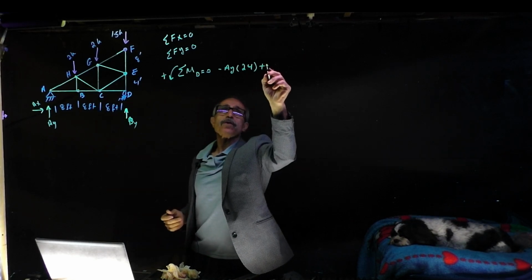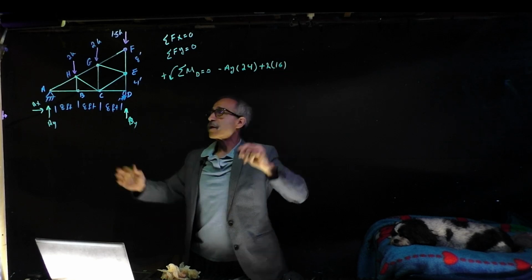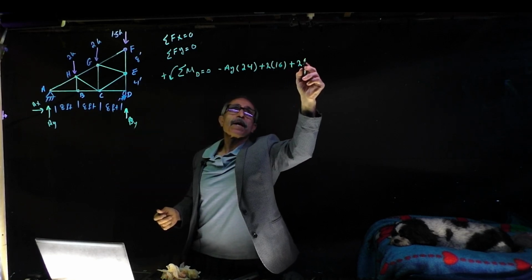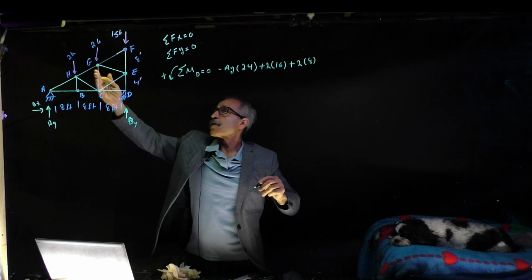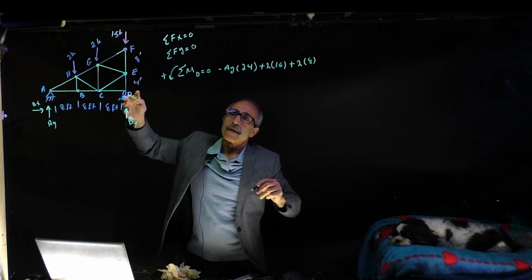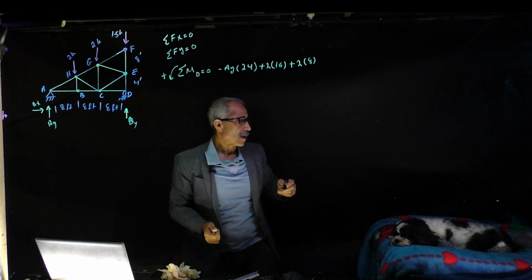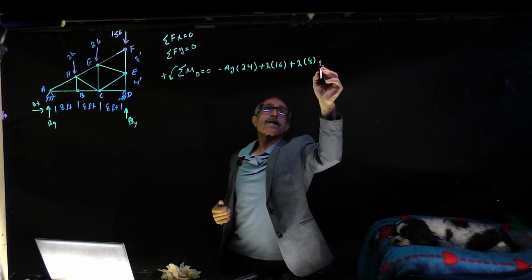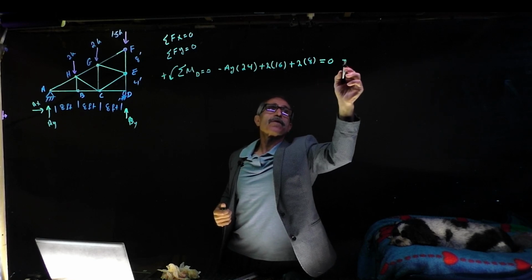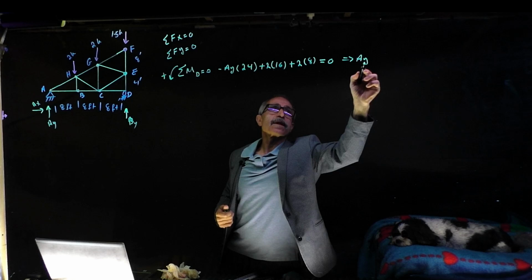So it's plus 2 times 16. That's the distance from here to there. And then I have plus 2 times 8. That's this one from here to here. And this one cannot take a moment about here because it's in the same line of action. And that's going to equal 0, and therefore AY is going to come out to be 2.